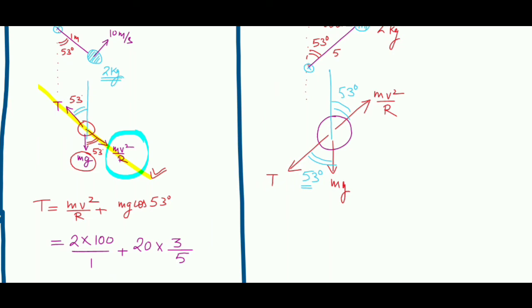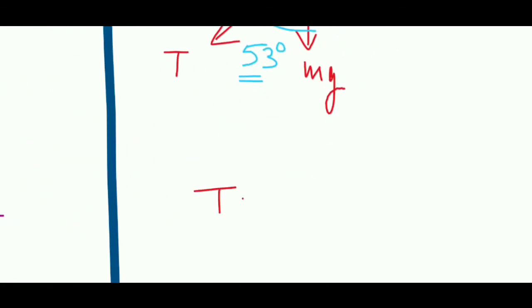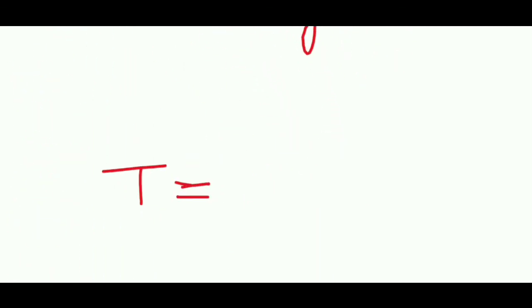So tension plus mg cos 53 degree is equal to mv square by r. Basically the equation is similar to before, but this time the mg factor is being added to the tension, not the mv square by r part.